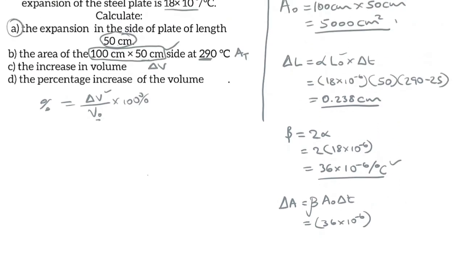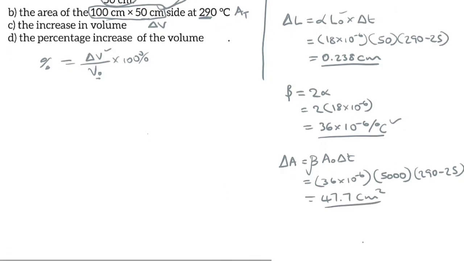It is for this dimension, because they are given this dimension. So we put that initial area here. It is 5,000. Then the change in temperature, 290 minus 25. This is going to give 47.7 centimeter squared. That is the change in area.